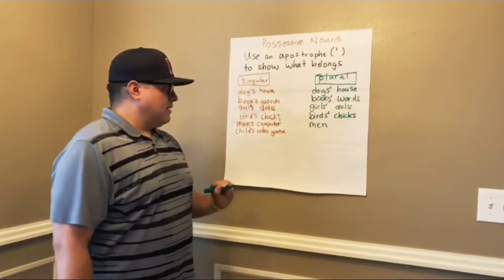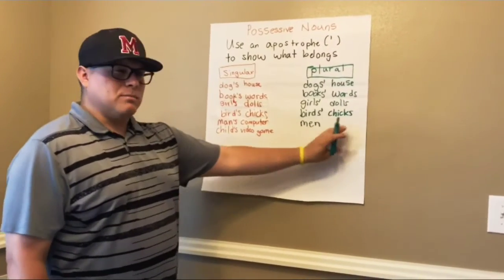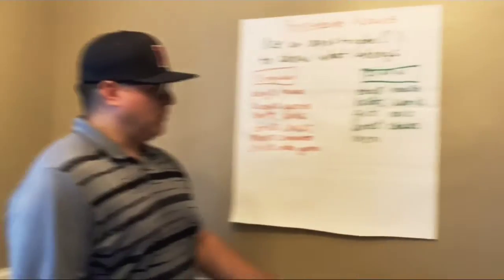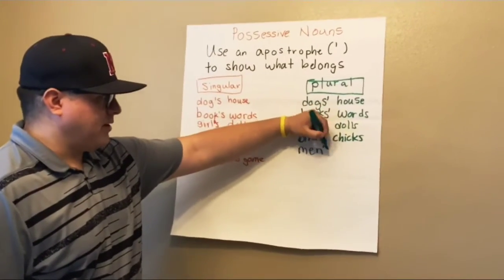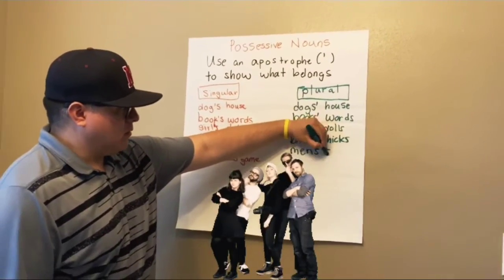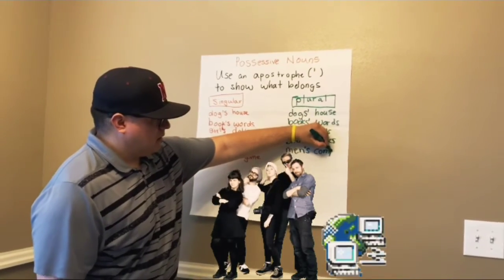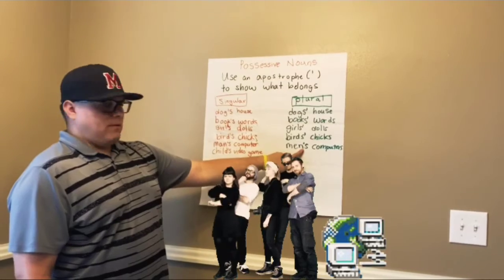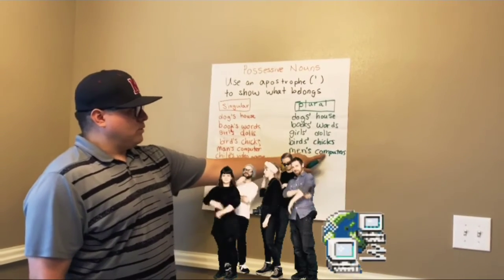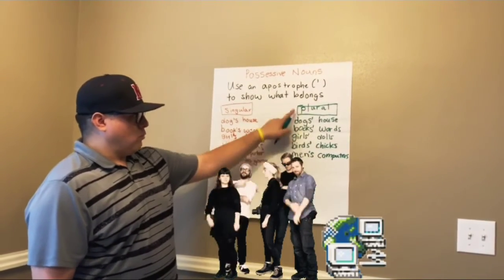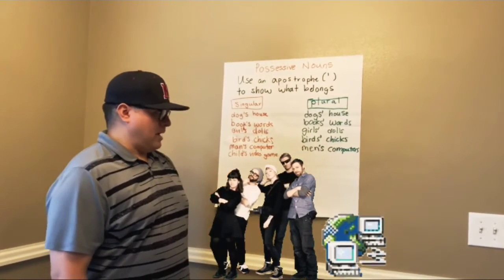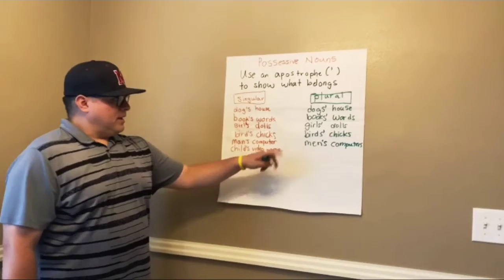So would we say men computers? That doesn't sound correct. So we would say men's computers, apostrophe S. That would be the correct way to write it if we're talking about more than one man.